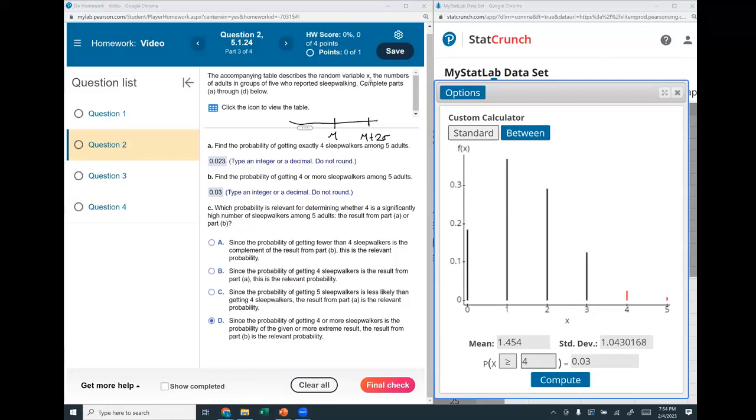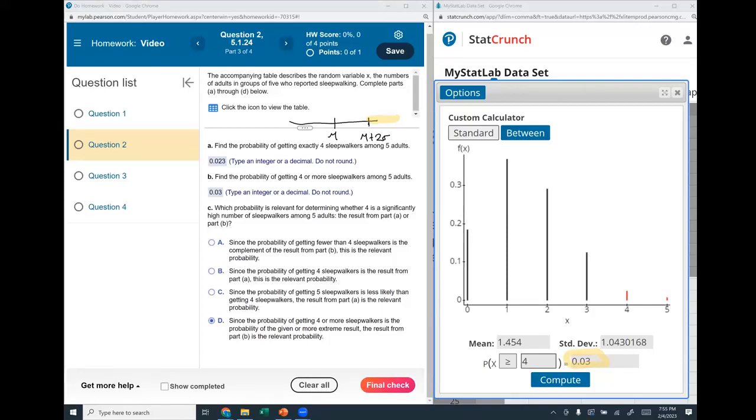That value is going to give me whether or not something is significantly high or not, right? Also, we know that the probability that X, the number of sleepwalkers, is greater than or equal to 4 is 0.03.